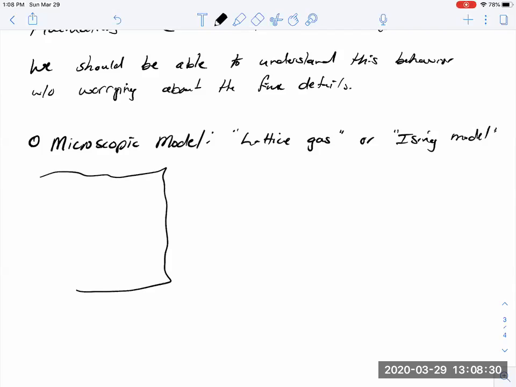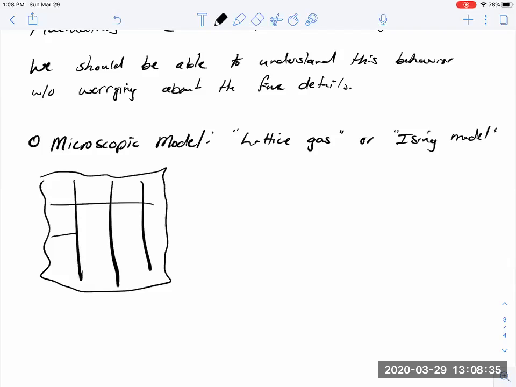So what we envision is that we can grid up space into cells. Each one of those cells is maybe a little bit larger than a molecule. And in each cell, the density is either locally liquid-like, so there's a particle there, or locally vapor-like.